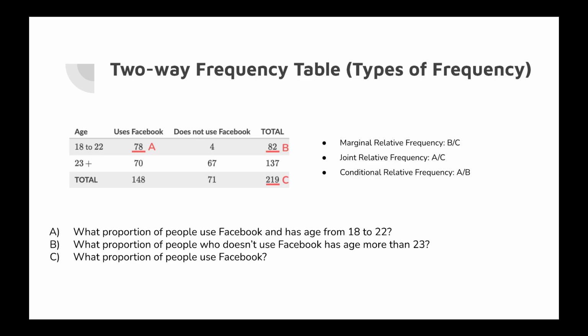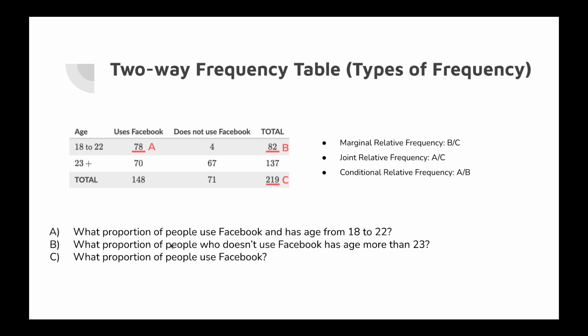Okay, so the first one: what proportion of people use Facebook and have an age from 18 to 22? So let's figure this out. First of all, we have to identify the population of this entire sentence. Proportion of people who use Facebook and have an age from 18 to 22.